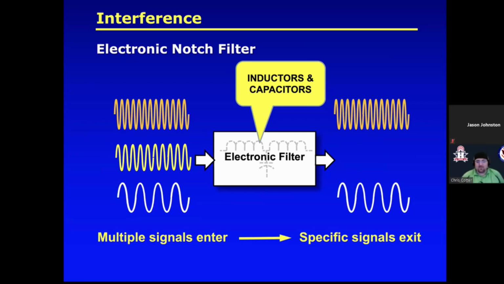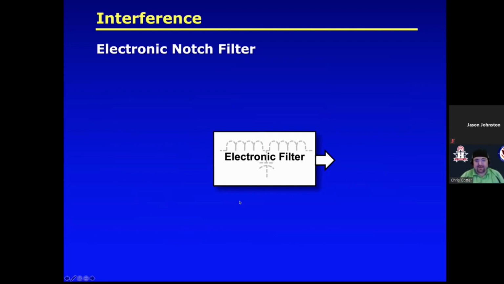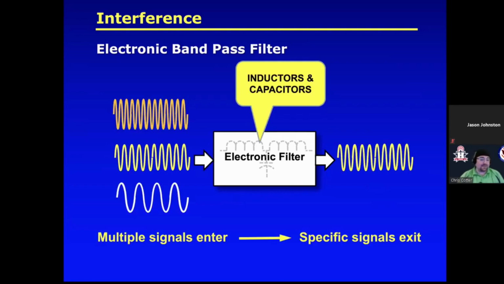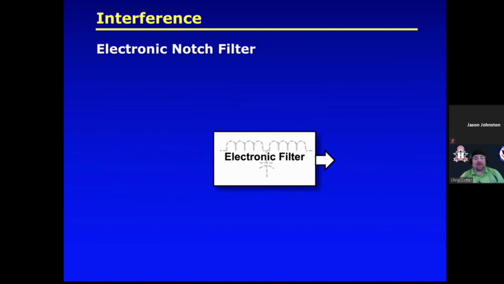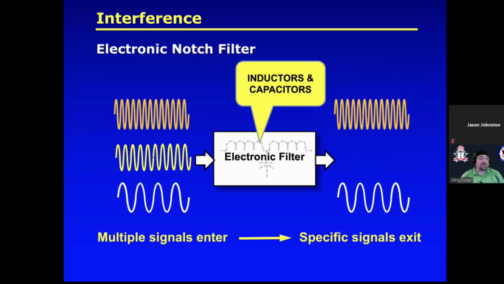You want to filter them out. You'll use a notch filter to filter out that center frequency right there, while the other 2 pass. That is exactly the opposite of a bandpass, which filters everything but what you want, while a notch filter will filter out what you don't want and allow everything else to pass.